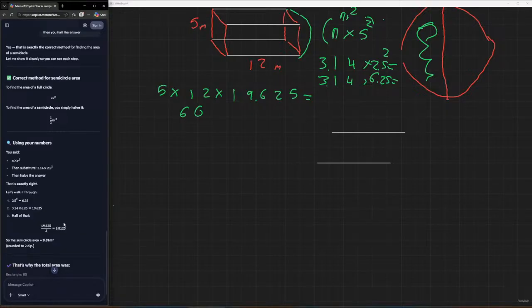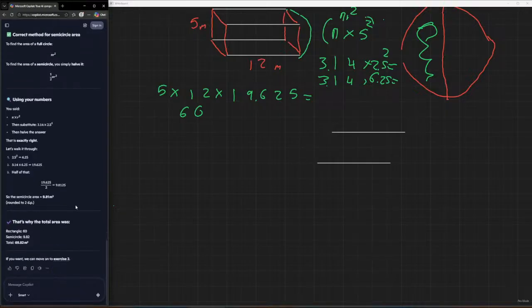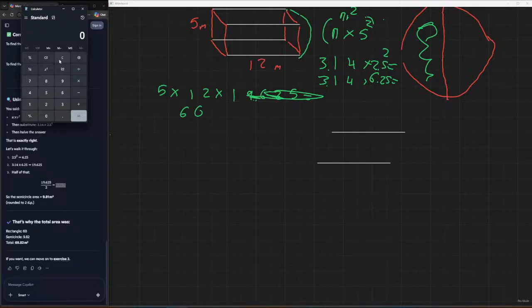Because I didn't half it. I didn't half it, so this one is not the final answer. This is the first value. And when I do 19, it gives me 981. So 5 times 12 is 60 times 9.81.